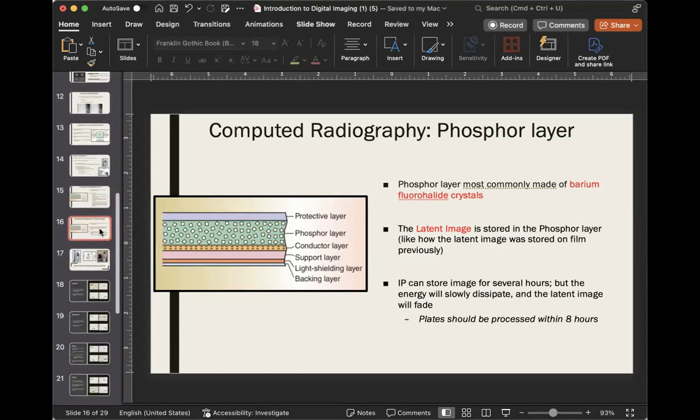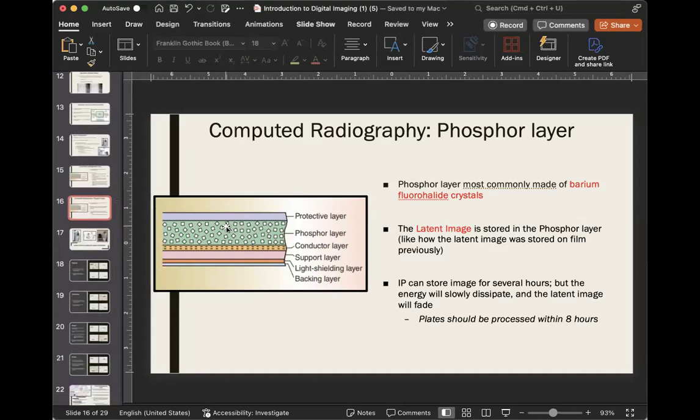Information can be stored in this layer for several hours, but slowly the image dissipates. So we need to process our plates when we are doing imaging. We shouldn't leave an image on a plate for so long.